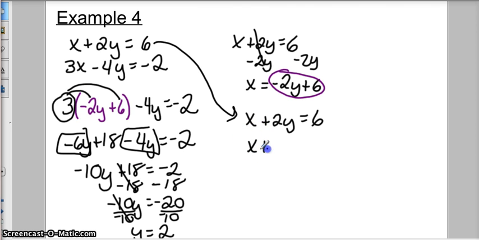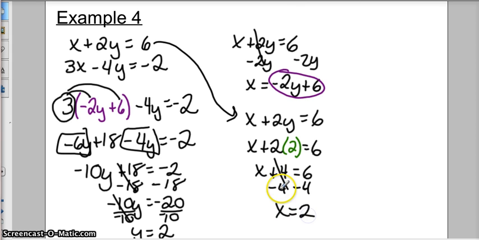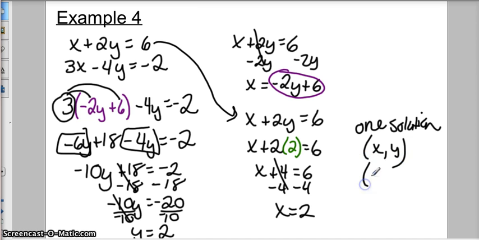So I have x plus 2 times 2 equals 6. And now I solve for x, so I have x plus 4 equals 6, minus 4, x equals 2. So this is obviously one solution, and I write my ordered pair as x, y, which in this case is 2, 2.